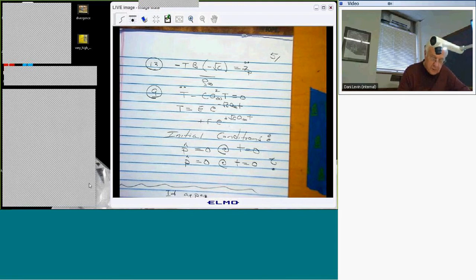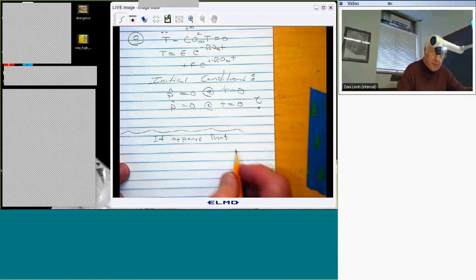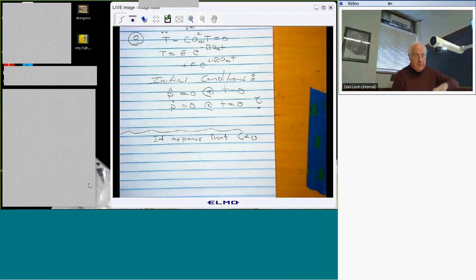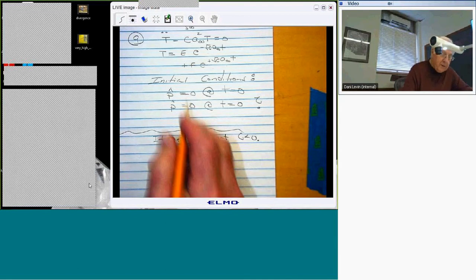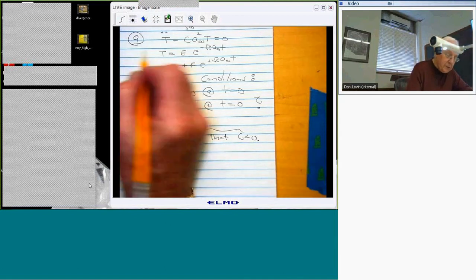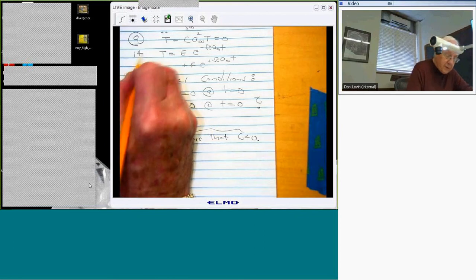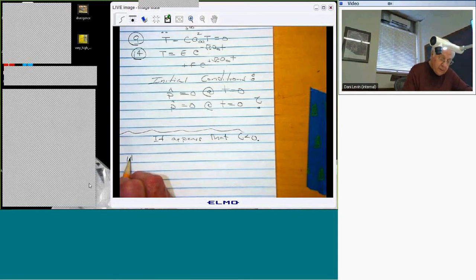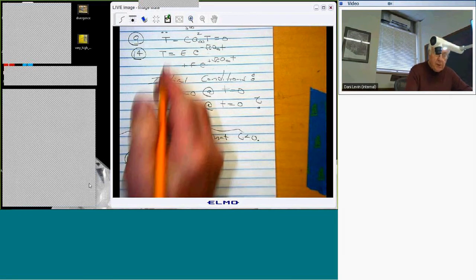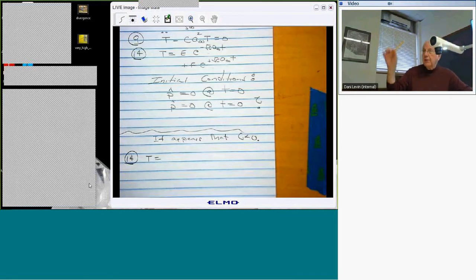So now it appears that C is less than 0. Okay? Okay. So then this solution, which I'll call, we're up to 14 now. 14 is really this. T equals, I'm still going to use E and F, although strictly speaking now there are two other constants, that doesn't matter.